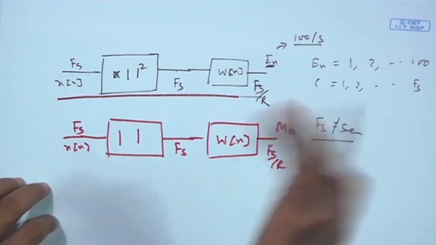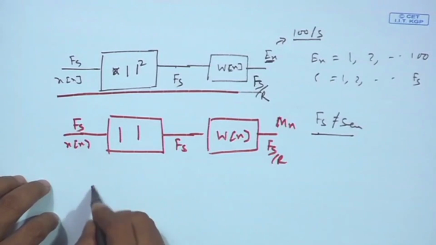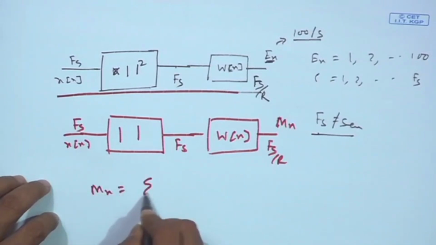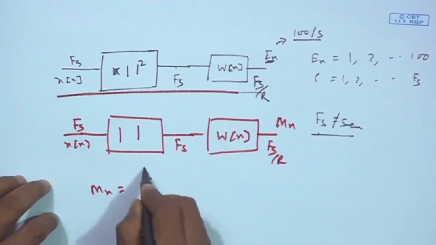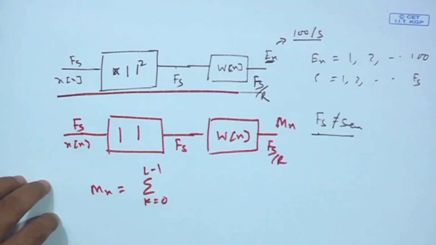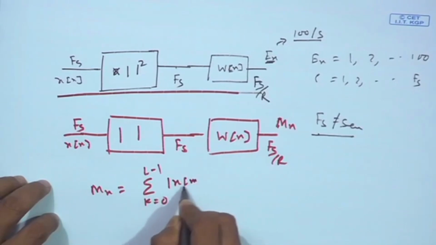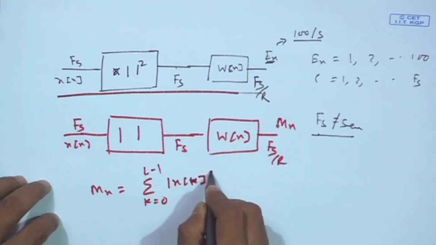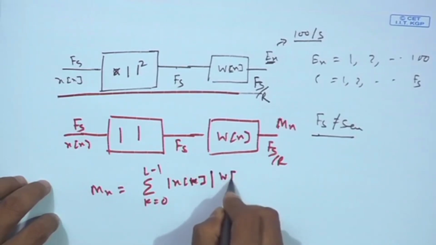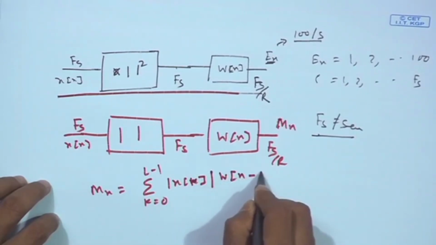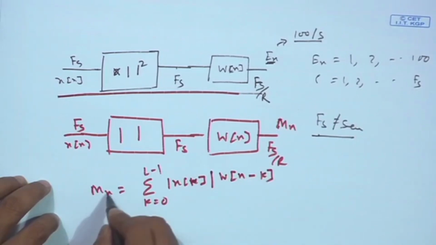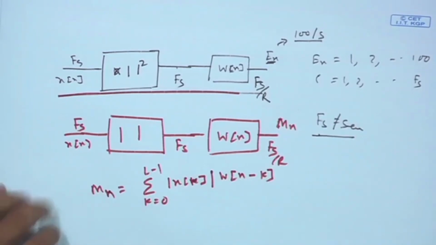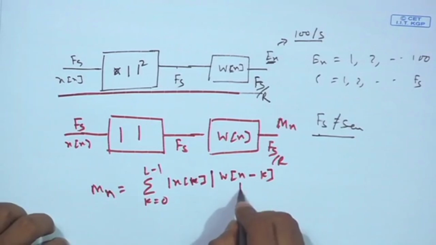So, instead of squaring the signal, M[n] is the sum over k equal to 0 to L minus 1, within the window length, of the magnitude of x[k] times w[n minus k], where n is the starting point of the window.